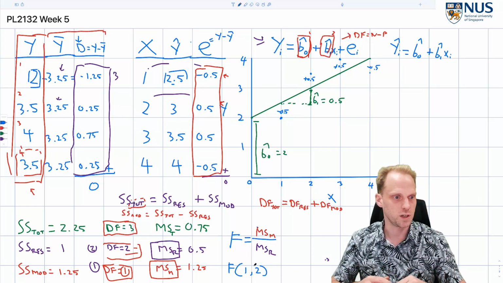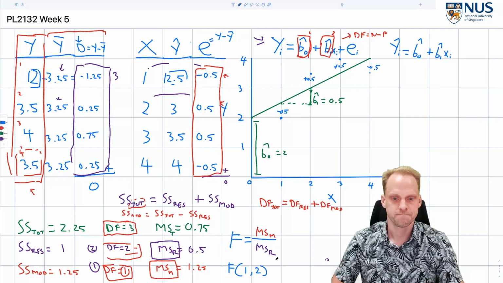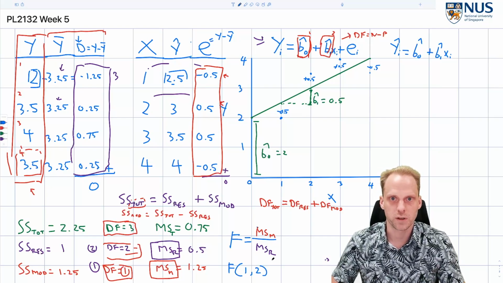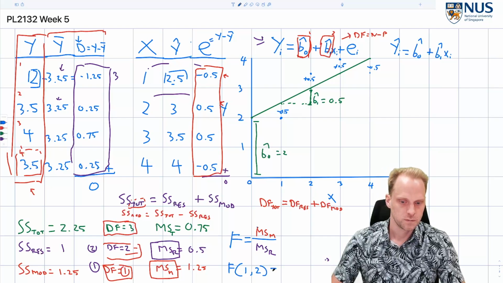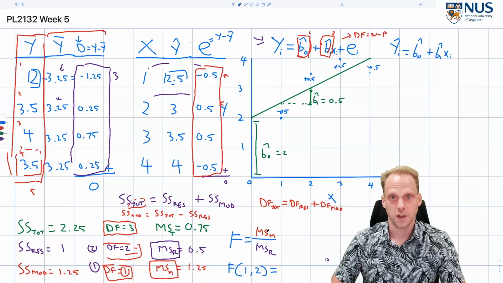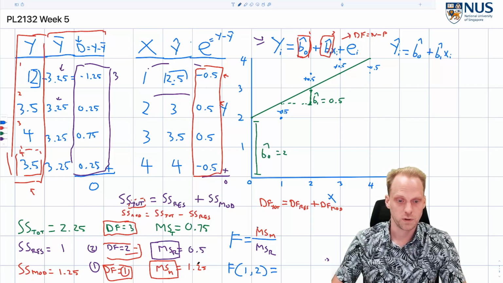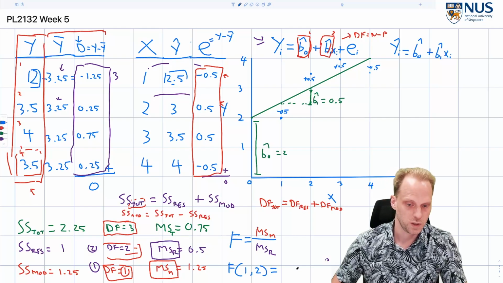Because sample sizes usually aren't 4, there will be like 100 or 200 or so, or 50 or 10, at least more than 4. So F with 1 and 2 degrees of freedom, so 2 types of degrees of freedom, equals, and then this ratio. In this case we have 1.25 divided by 0.5, so that equals 2.5.